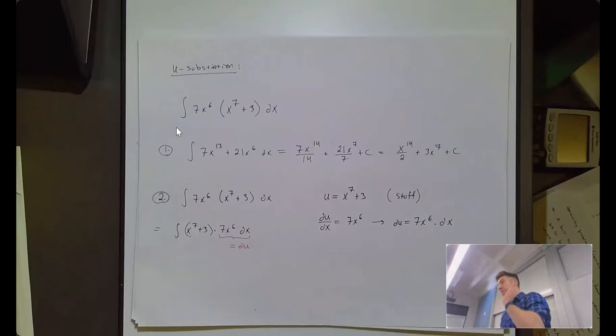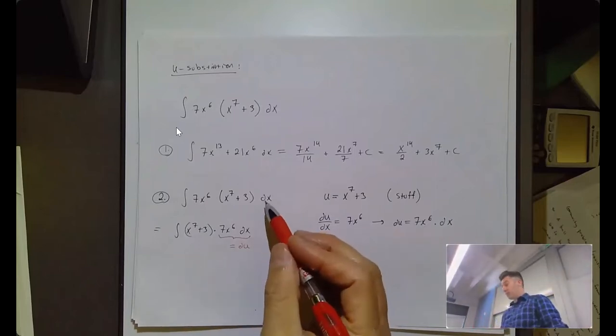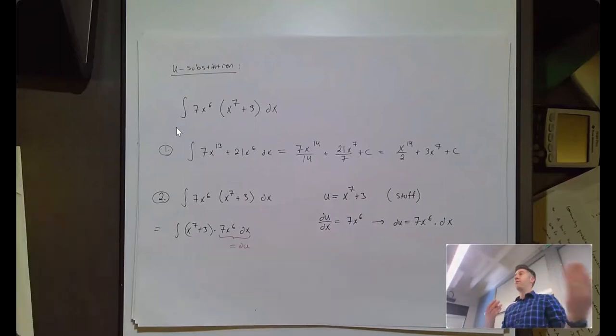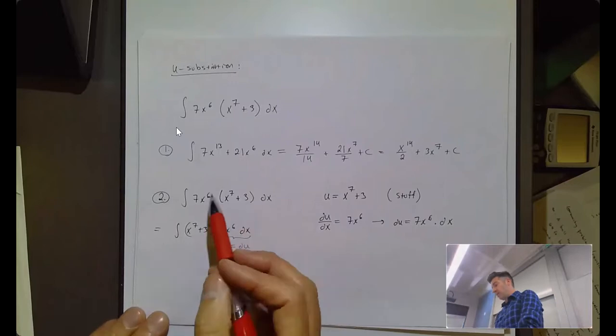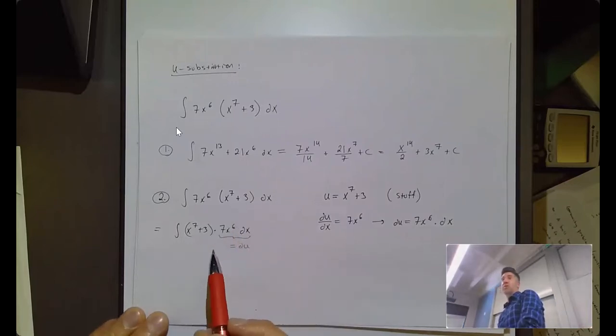It's vital when we do a u-substitution to make sure that the dx turns into the du first. Everything else after, dx has to change into du, because the dx or the du is telling you what variable to antidifferentiate. This is saying antidifferentiate the variable x. This is going to say antidifferentiate the variable u.